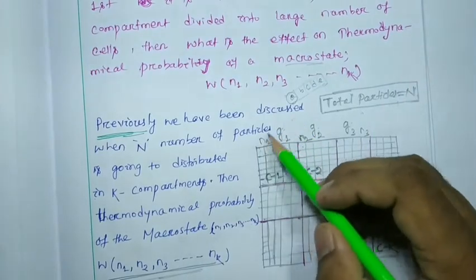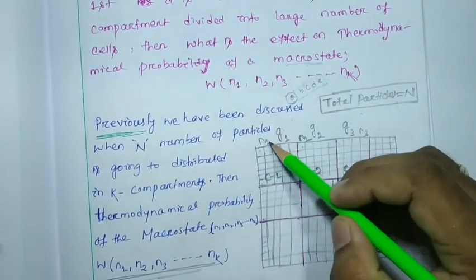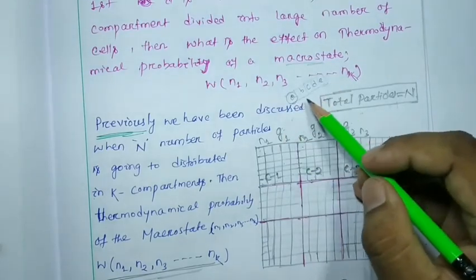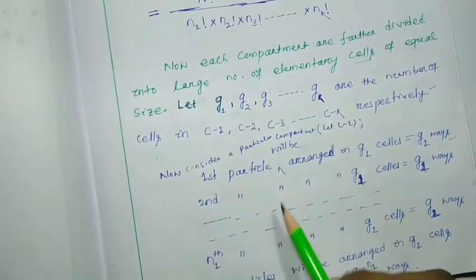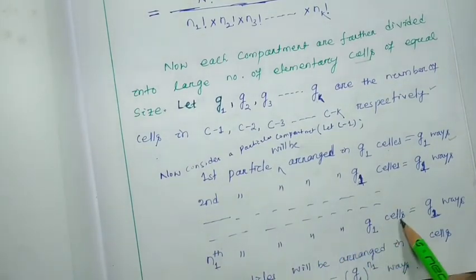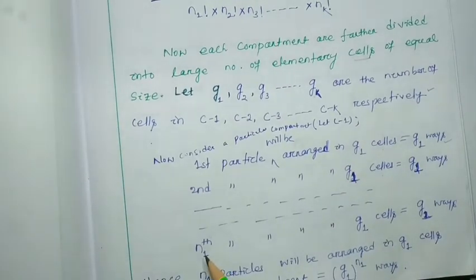So for the fifth particle, arranged in g1 cells, it will also be g1 ways. In general, the n1th particle, because n1 particles are present in this compartment, will be arranged in g1 cells in g1 ways.